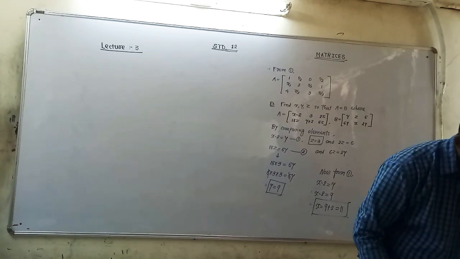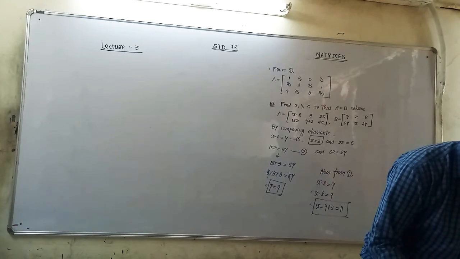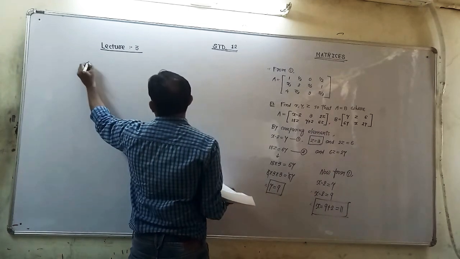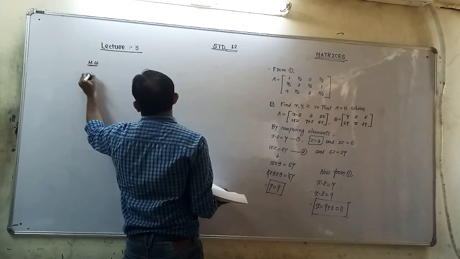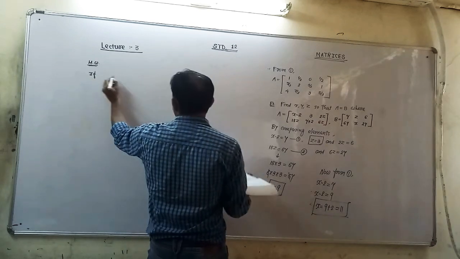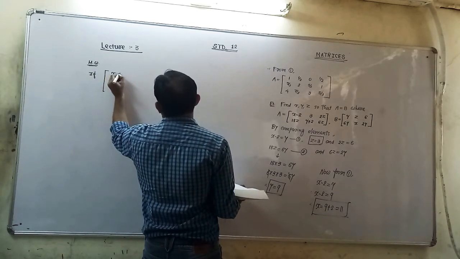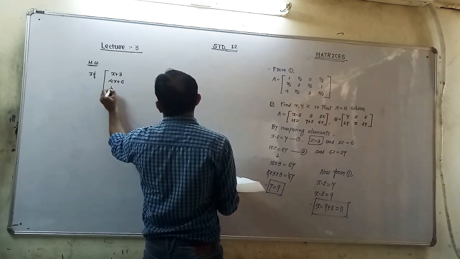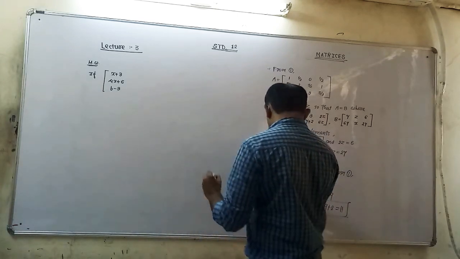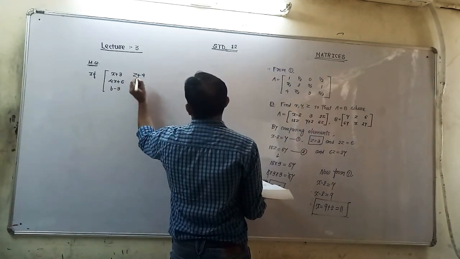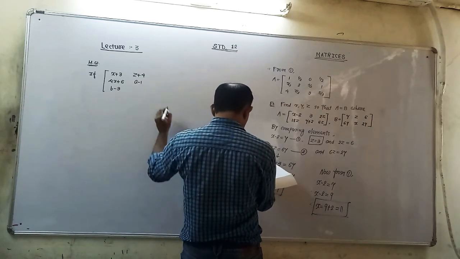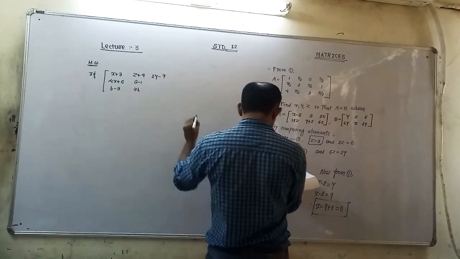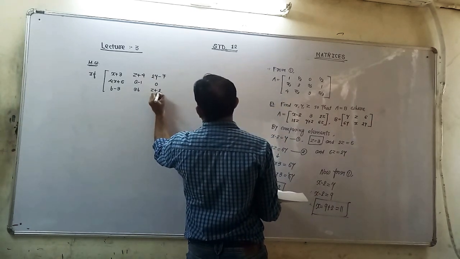This question in homework, you have to try to solve yourself. The first column is x plus 3, 4x plus 6 and b minus 3; the second column is z plus 4, a minus 1 and 3; the third column is 2y minus 7, 0 and z plus 2c.